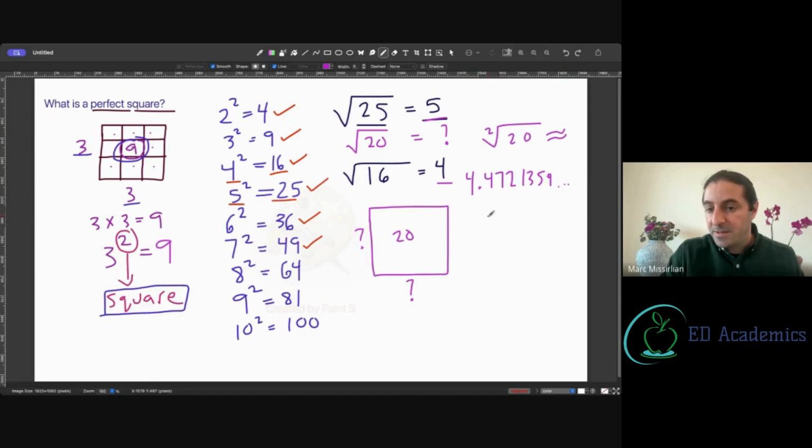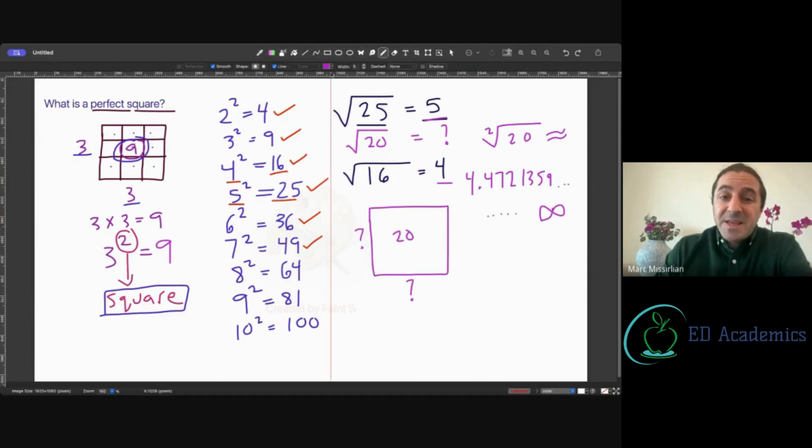It goes on and on. Actually, this number will go on forever. We know it exists, but we don't really know what it is. This concept can be confusing, especially for a middle schooler learning this for the first time. So what mathematicians say is, we can't write numbers forever.